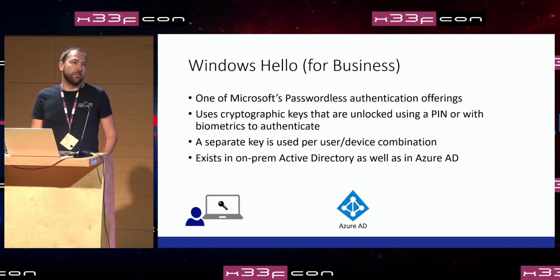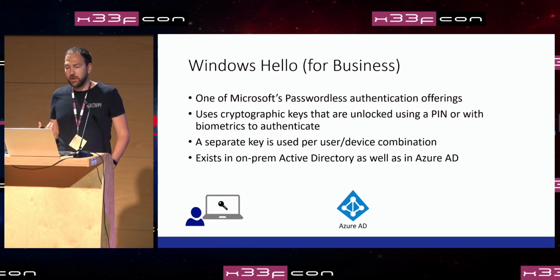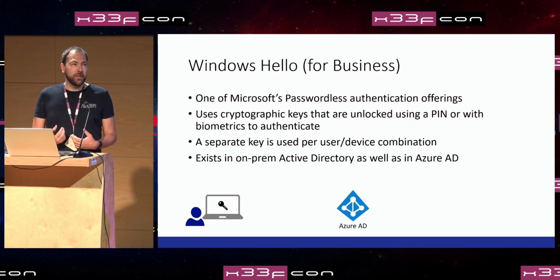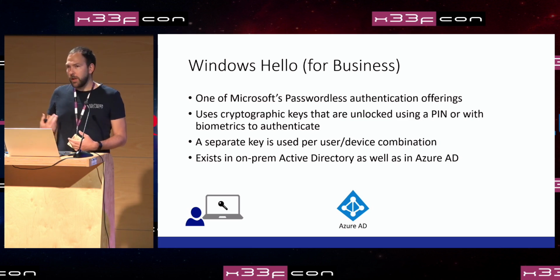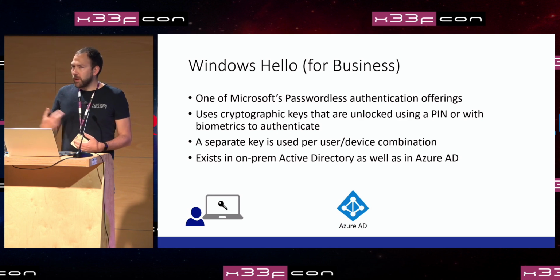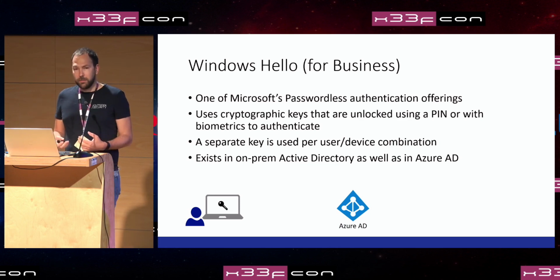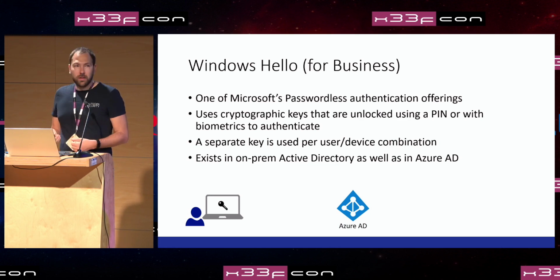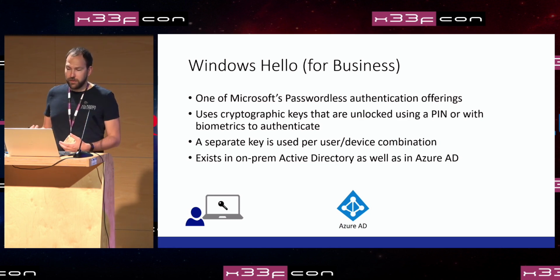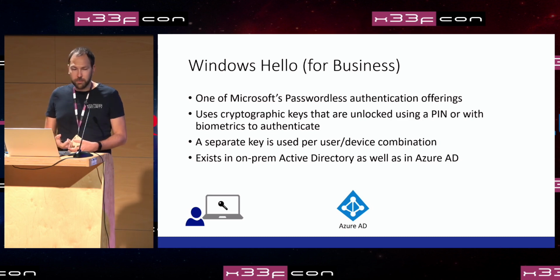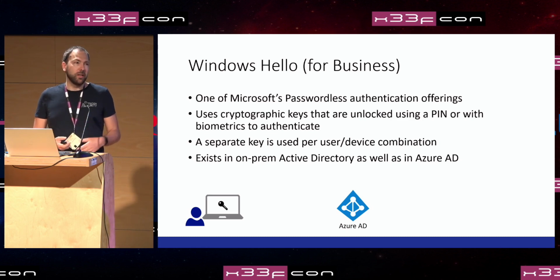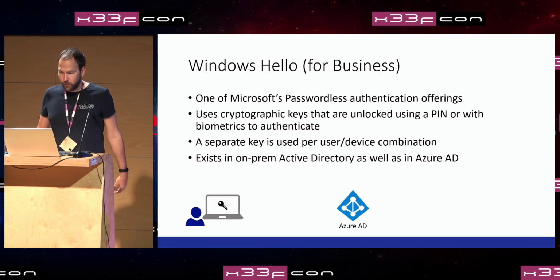Basically the idea about Windows Hello for Business is that it uses cryptographic keys that are stored in your device, and you unlock these with a PIN, or with face recognition, or with a fingerprint. So you have a key that's stored on a device, and you unlock that key on your trusted device, and that you use to authenticate. You basically replace the passwords with a key that's stored on a trusted device somewhere.